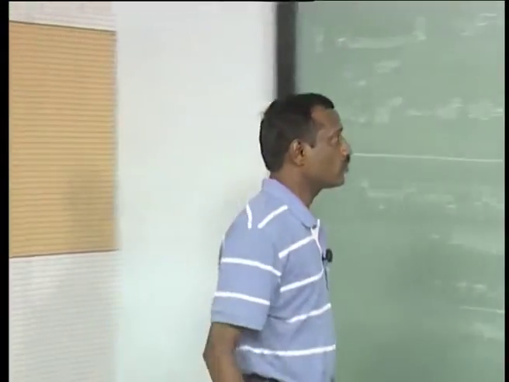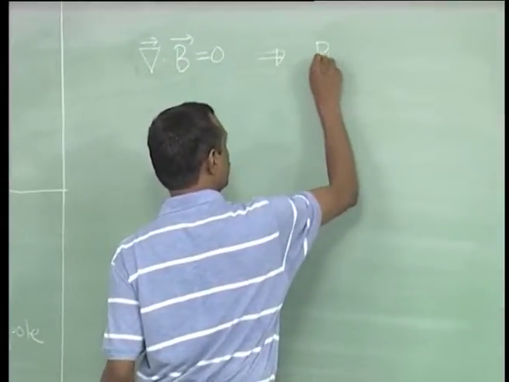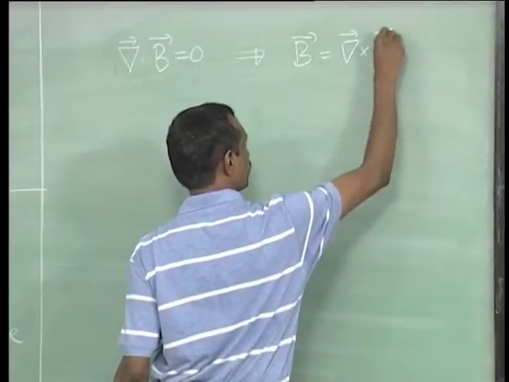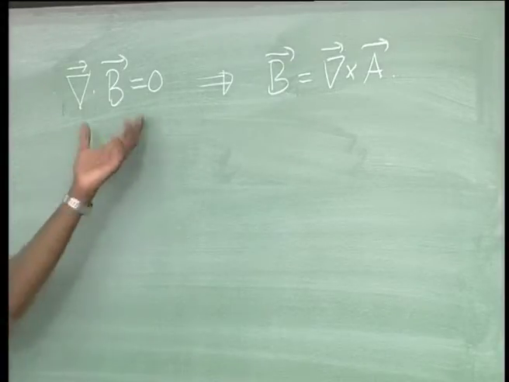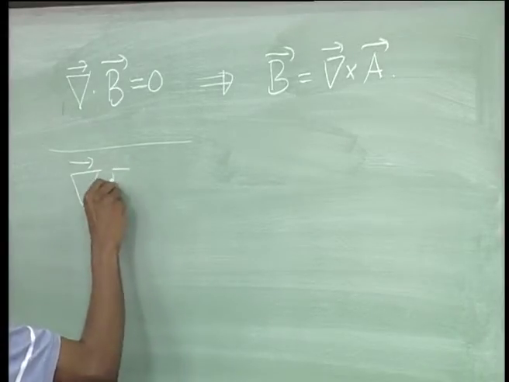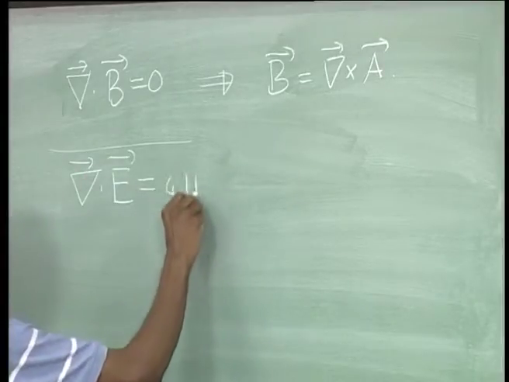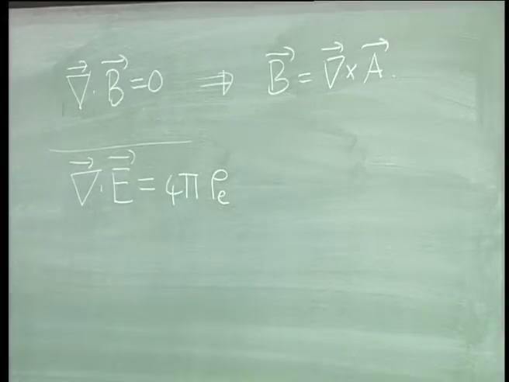And this is what actually lets us solve for B in terms of the vector field A, okay. And just by analogy we can do it with the electric field, let me put a subscript here E.